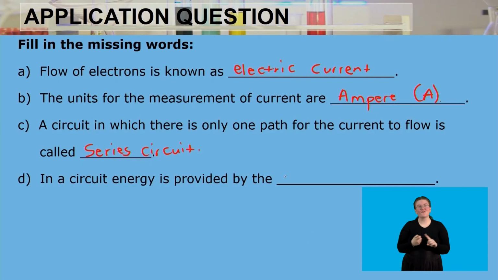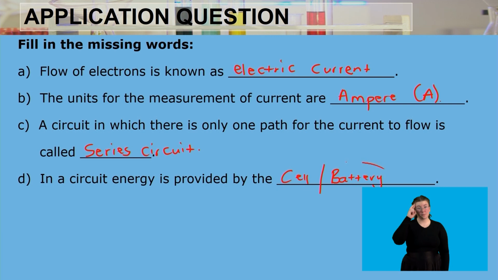That can either be a cell or a battery. Remember, if it's a cell, it's just one with one positive terminal and one negative terminal. Should it be a battery, there's going to be more than one cell, so it can be 2 or 3 or even more. So in a circuit, energy is provided by the cell, or we can say it's provided by the battery.